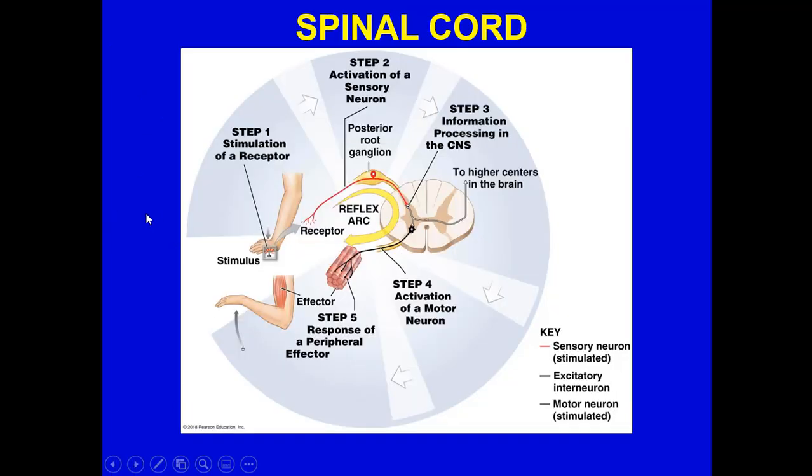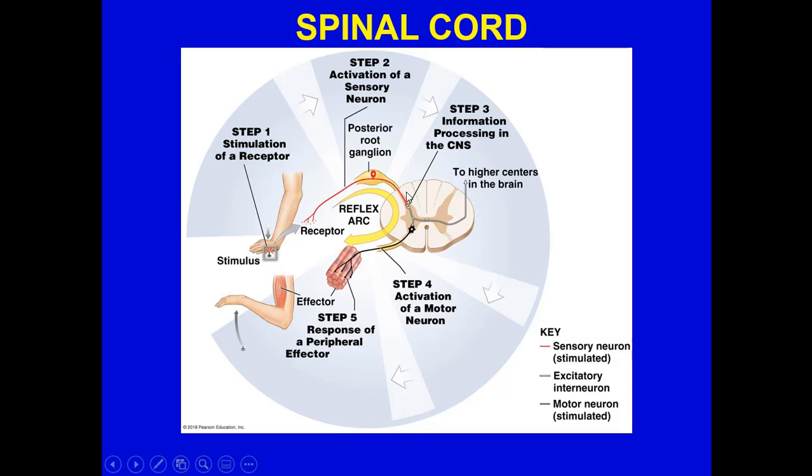Let's go through the spinal cord reflex first. Stimulation here, I put my hand down and the stimulus is the tack and I have the receptor fire off, activation of the sensory neuron. This passes up a sensory neuron. You're going to have also the posterior root ganglion.